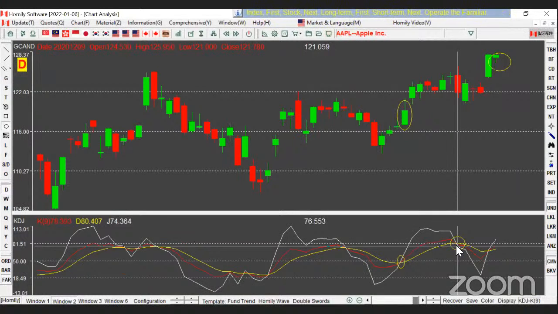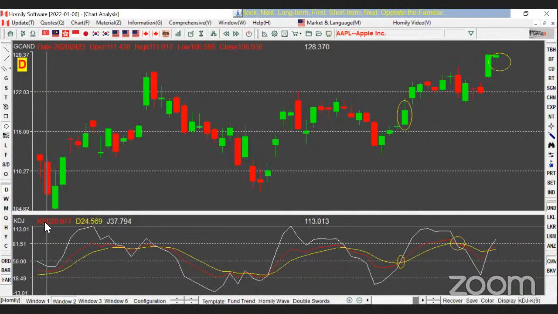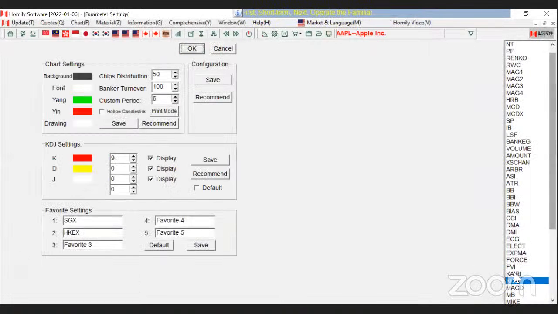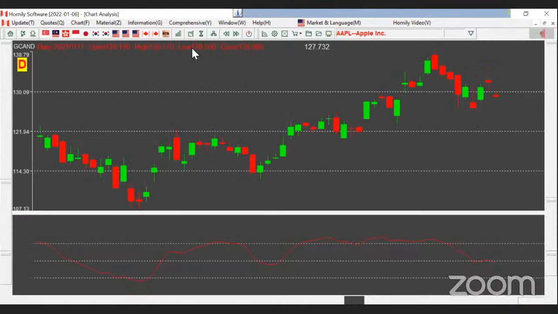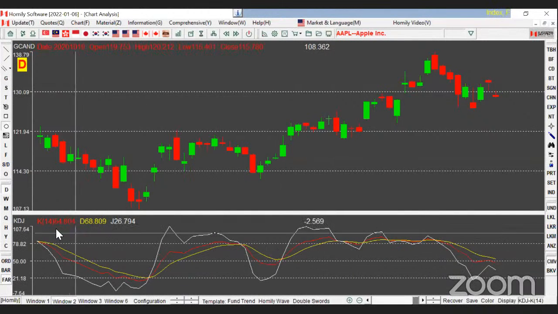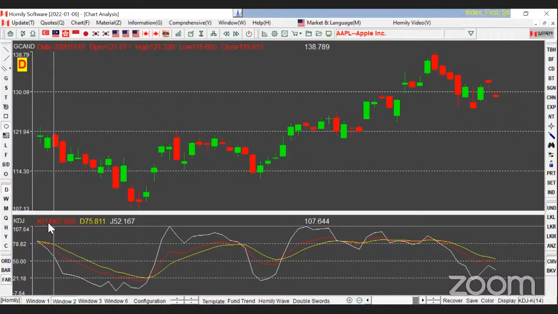If you want to avoid the noise, one choice is you can set the parameter bigger for K, right? So you go to the setting again. Then KDJ, you set the value for K, for example, try 14. Click Save, click OK. Now you see the value changed already to 14, right?